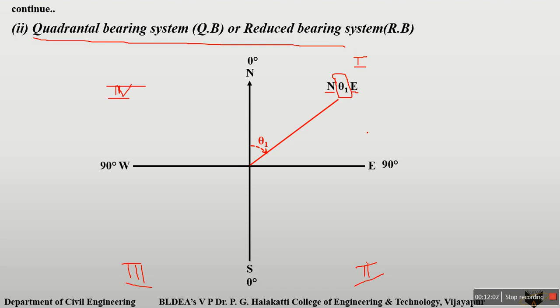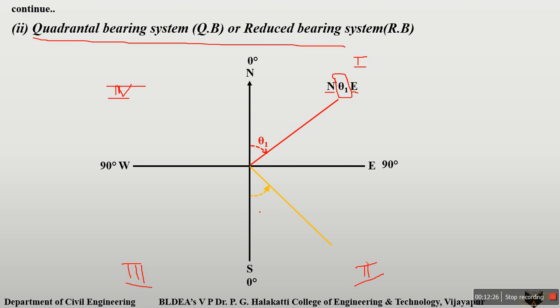Similarly, if the line is present in the second quadrant, it is in between south and east. In the second quadrant we take the reference line as the south direction. From here to here we are measuring the bearing.